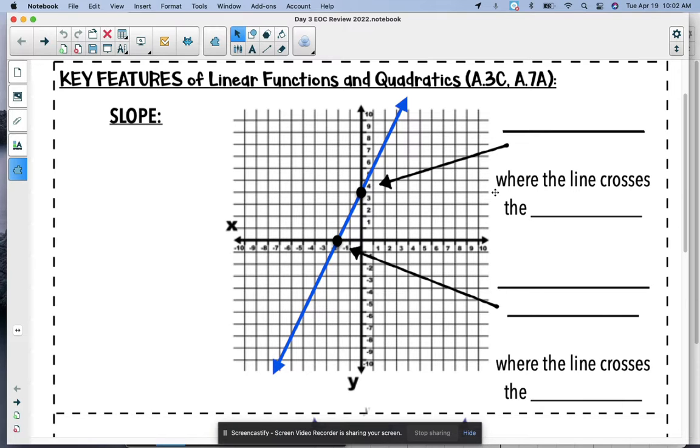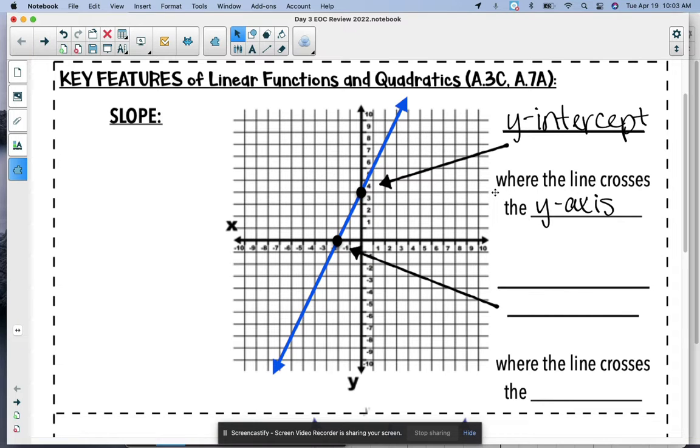So the first thing that I want to look at is the y-intercept. So the y-intercept is where it crosses the y-axis. Y-intercept, y-axis.